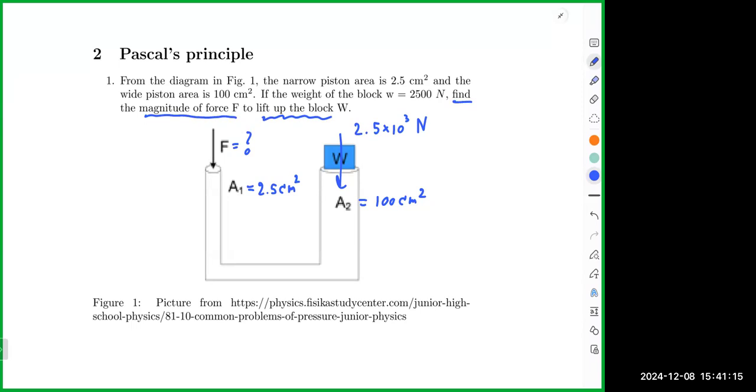I assume in this case that the gauge pressure change is zero, which means it's almost the same level. I would say that the pressure at point 1 and the pressure at point 2 are equal.